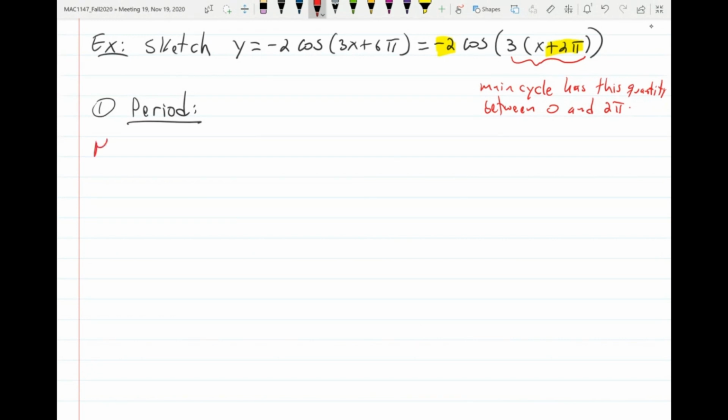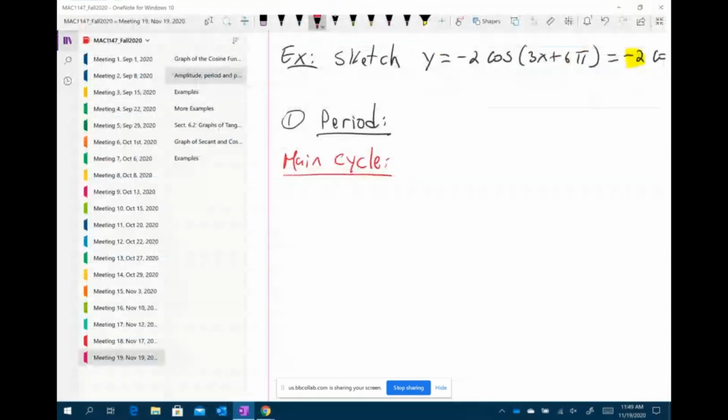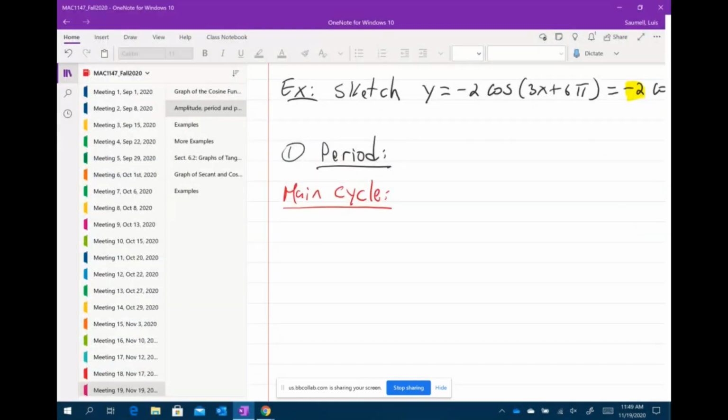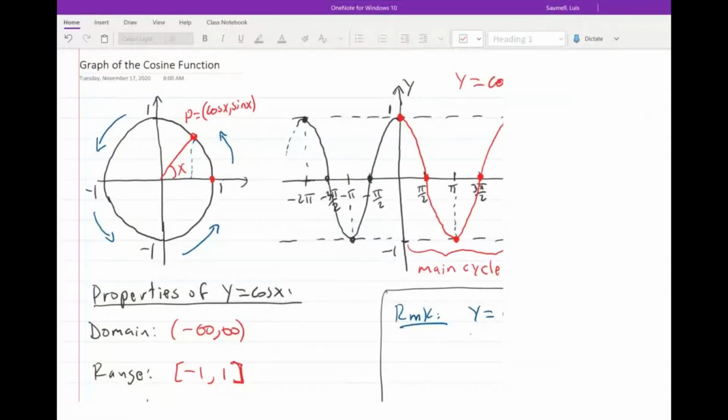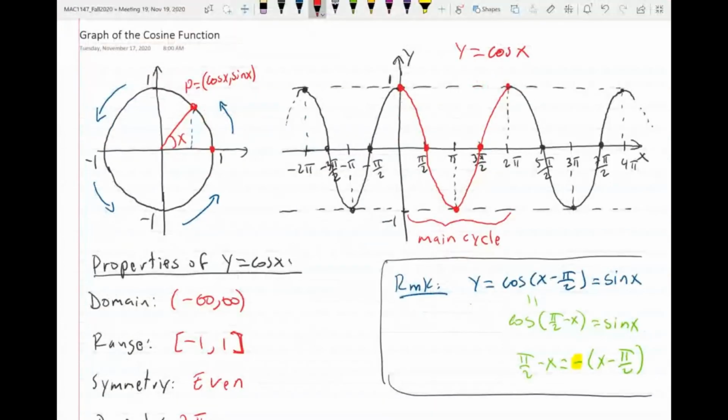All right, so main cycle. And what I'm referring to as the main cycle is that, as you know, there are transformations happening. Let me show you the cosine function again. I want to see this red cycle that we have here in the picture. Where is it going?